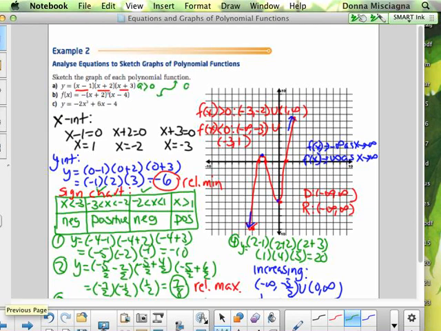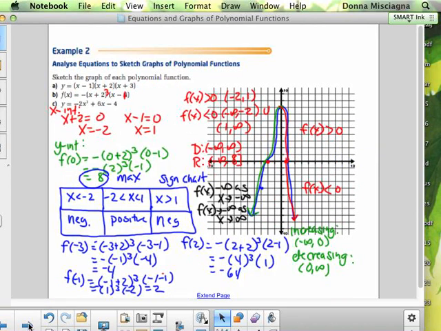If my leading coefficient was negative, I'd be shaped like this. And actually, we're going to see one because we're going to be graphing one like that. All right, so the second one is 4th degree, because we have one solution 3 times and the other solution once. And my A here is less than 0, so you're shaped sort of like an M. In this case, though, our M only has one little hump because we only had 2 distinct x-intercepts.